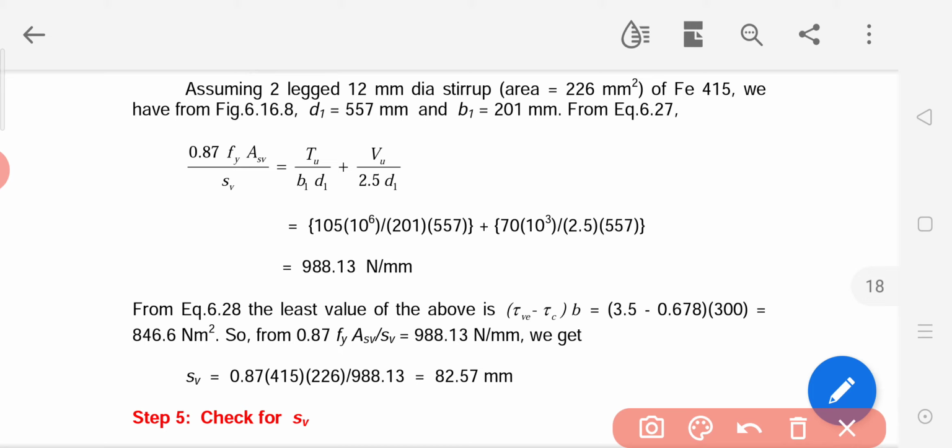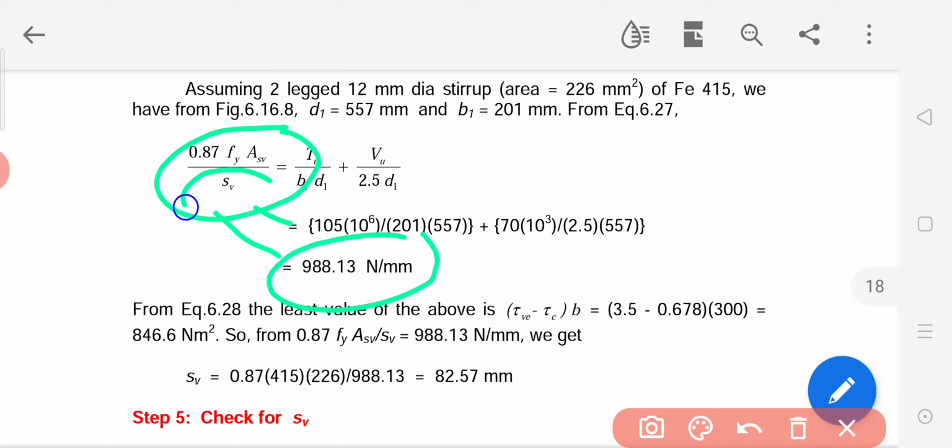So we can put this value equal to 0.87 Fy ASV upon SV equal to 988.13 Newton per mm. From this we find the value of SV.